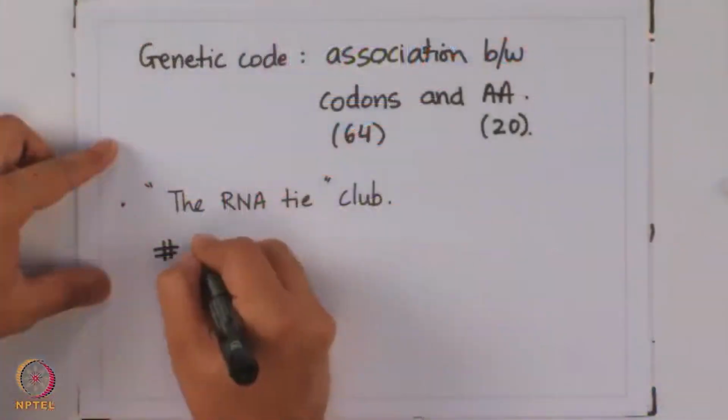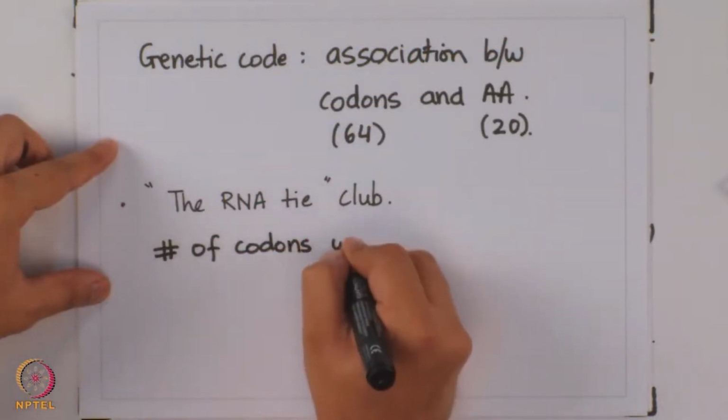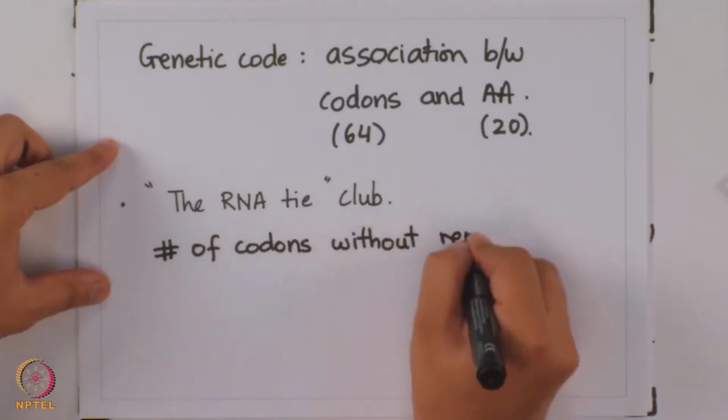One of the approaches that they tried was that codons with repeated nucleotides are not going to be allowed, only codons with distinct nucleotides. So let us see how many triplets or codons we can make which have distinct nucleotides only. A repeat of a nucleotide in a codon is not allowed now. So we are interested in the number of codons that we can make without repeated use of a nucleotide.